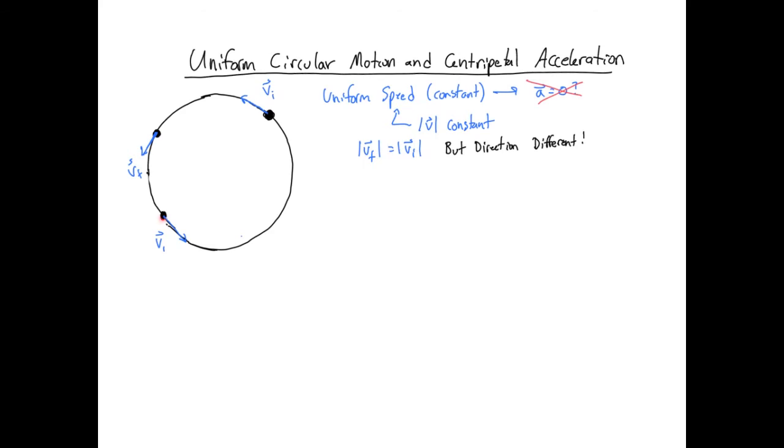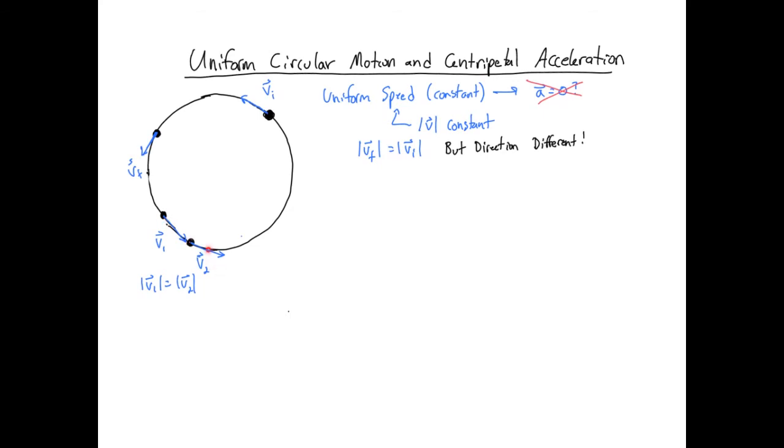After some time period, that is however long it takes for the object to get from here to there, the new position of my object will be right here, and it will have a new velocity, which is now directed along the tangent to the circle right there. Now remember, the magnitudes of these two velocities have to be the same because I'm moving in uniform circular motion, but their direction is absolutely different.